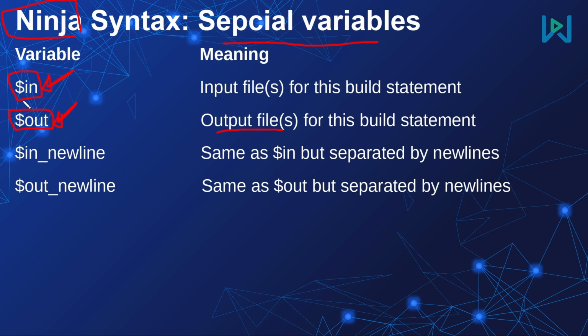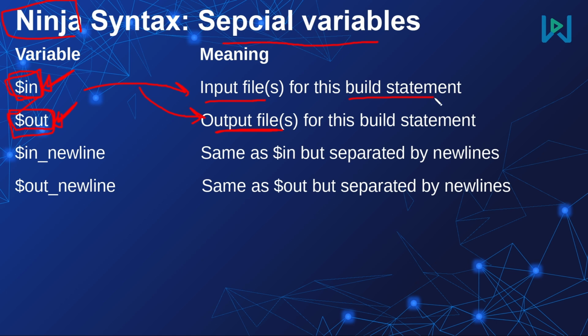So whenever we are creating our Ninja rule, instead of hard-coding the list of the input files and expected output files coming in and out of our Ninja rule, we can just utilize those built-in variables that will be expanded later on to the full list of the input files and expected output files.